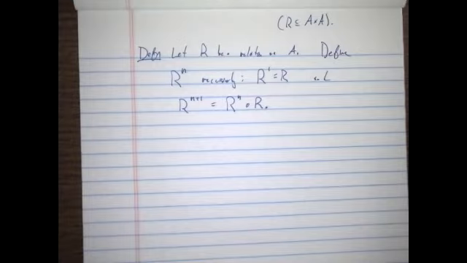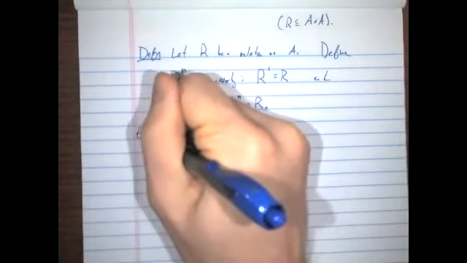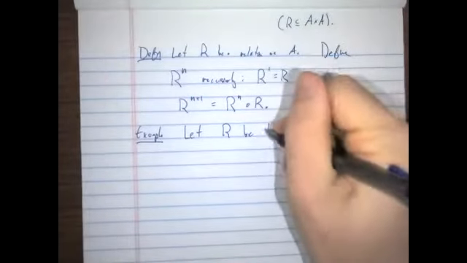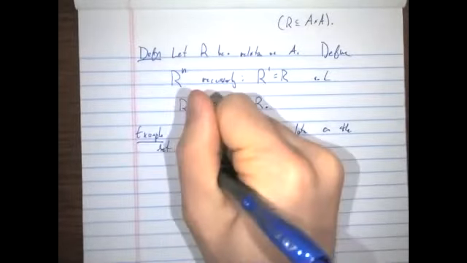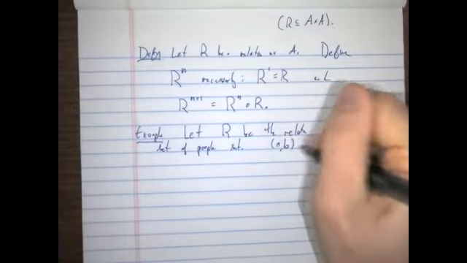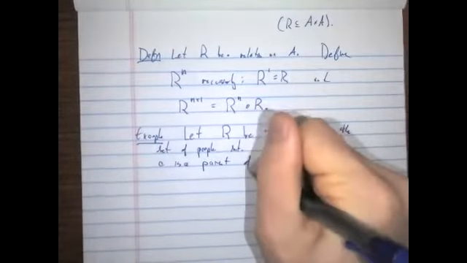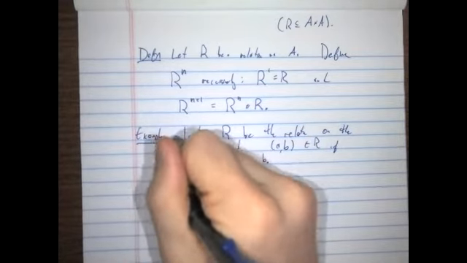So I think that this definition is reasonable and understandable, but the first thing let's examine is the following. So example, let R be the relation on the set of people such that A comma B is in R if A is a parent of B. Okay, so my first question is, what is the relation R squared?